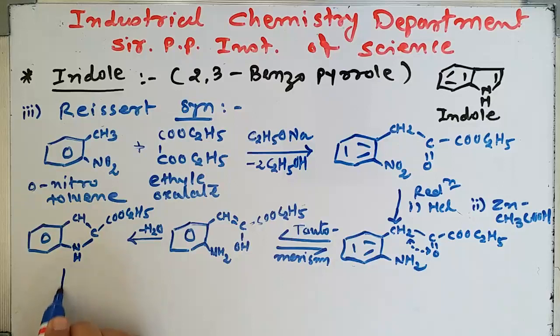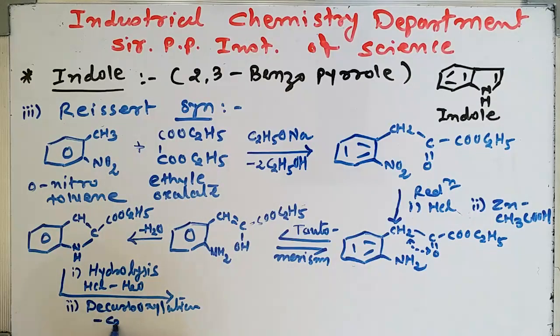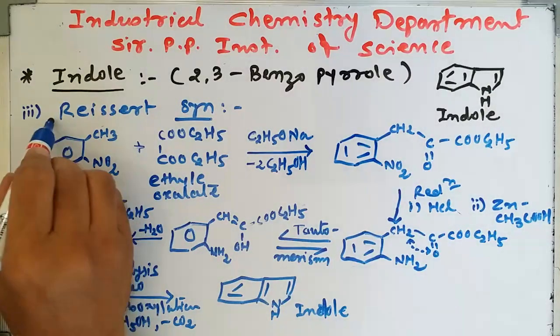This cyclic indole derivative is then treated, first with hydrolysis with the help of HCl, and second decarboxylation, with removal of ethanol and CO2, gives indole. This is known as Reissert synthesis.